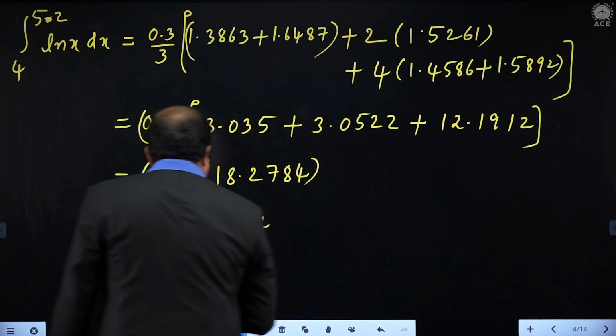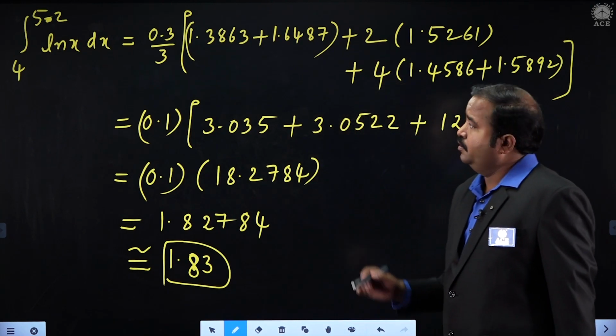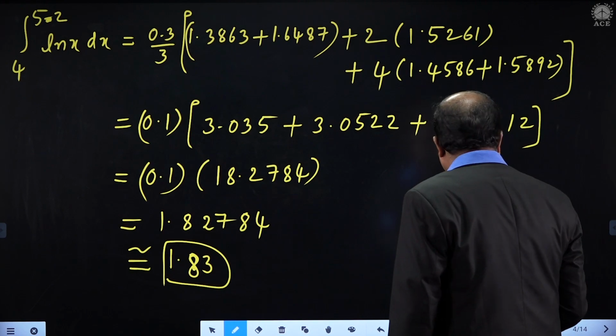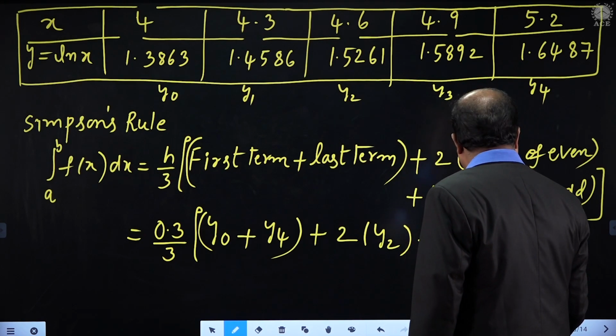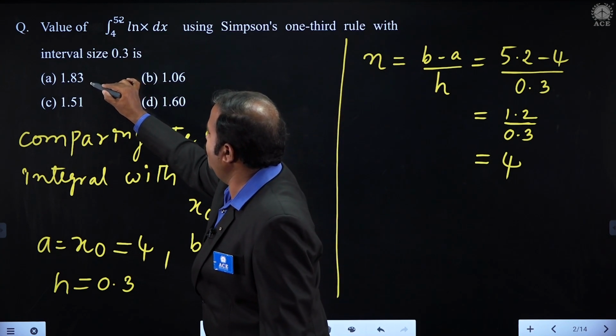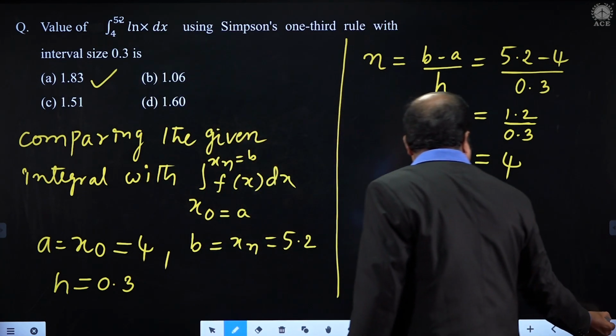So the final answer, the value of the integral by Simpson's 1/3 rule, is 1.83. So the correct answer is option A.